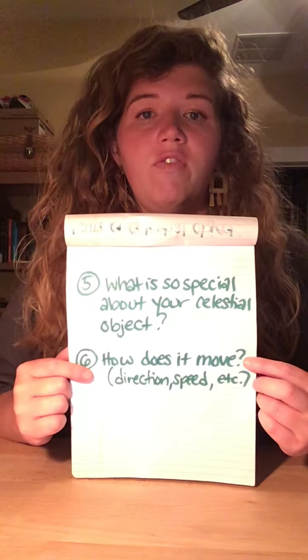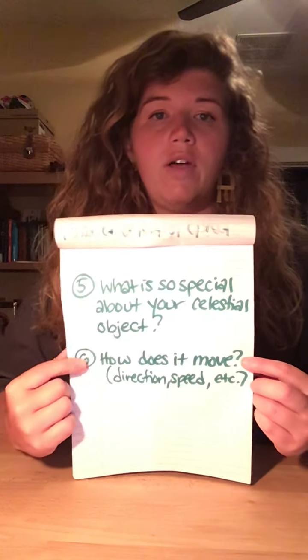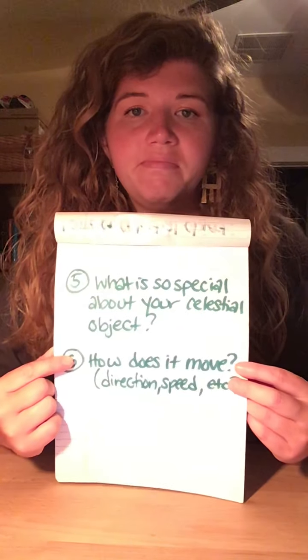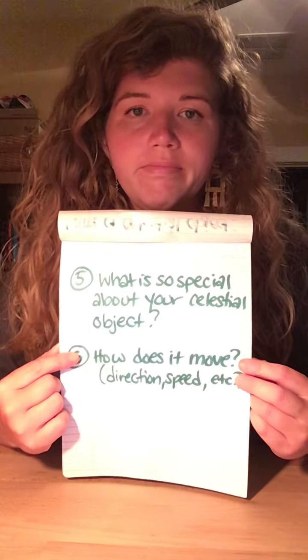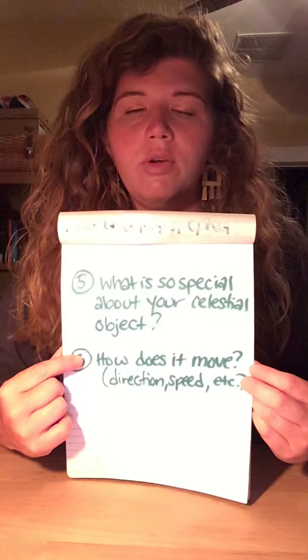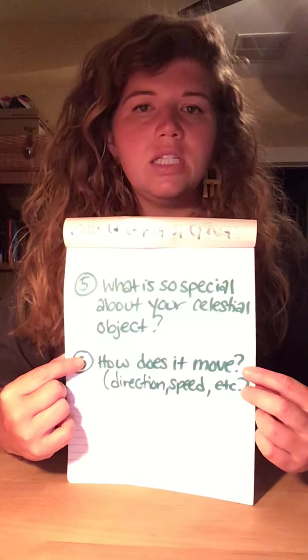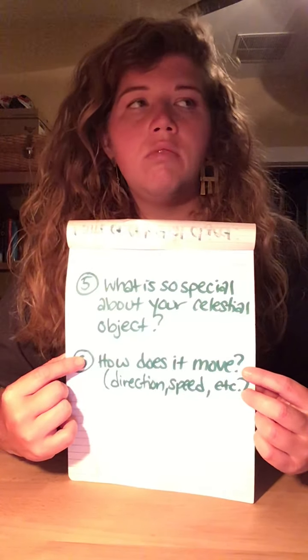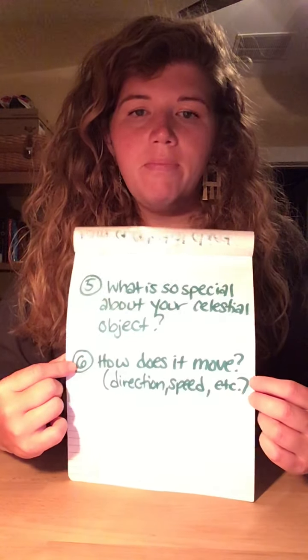The speed, is it fast? Does it move at a relatively fast pace? Or does it move like centimeters per month? I don't know. So just look up the speed, direction, how does it move? Does it spin on its axis? Is it straight up and down? All that good stuff. Okay?